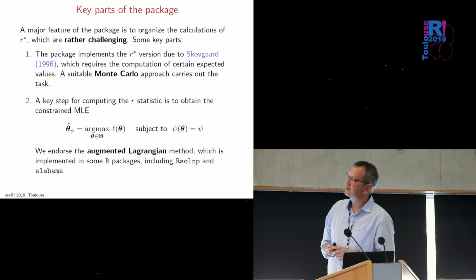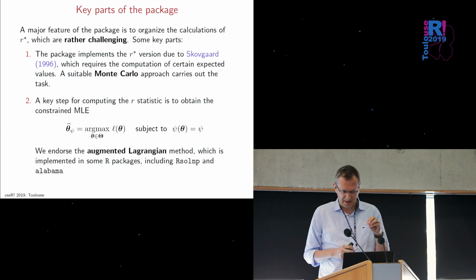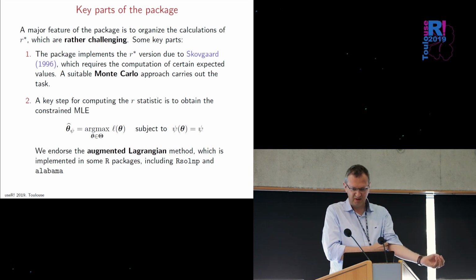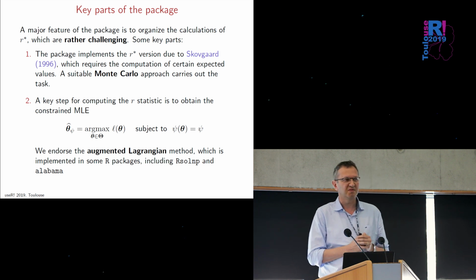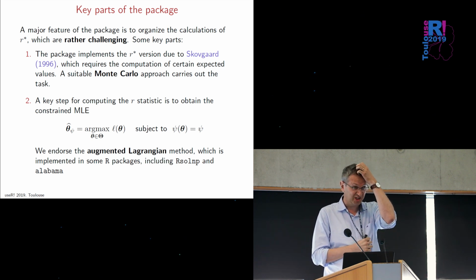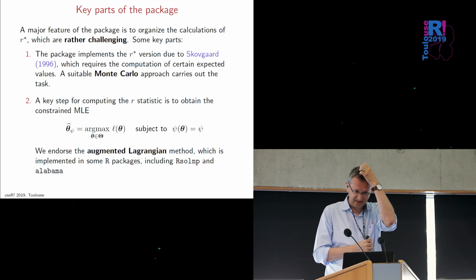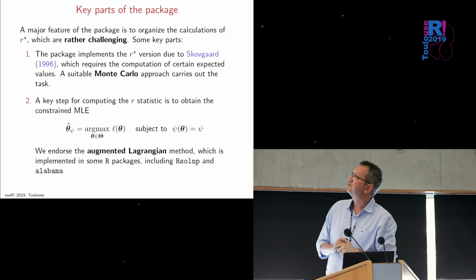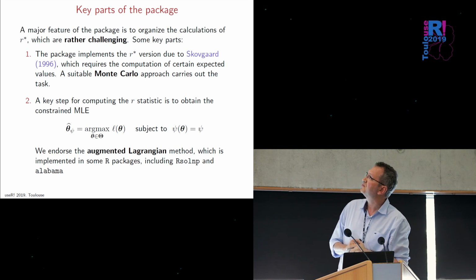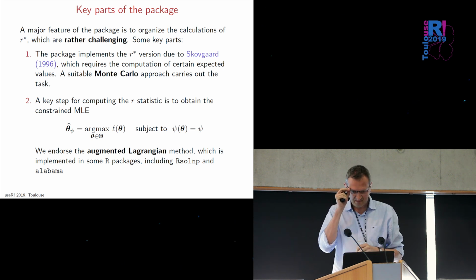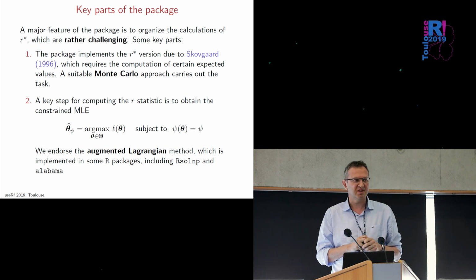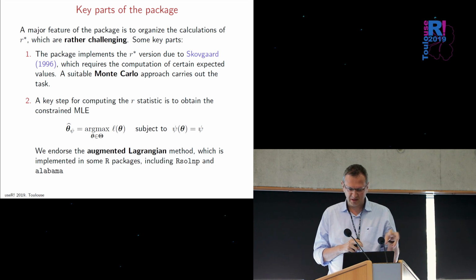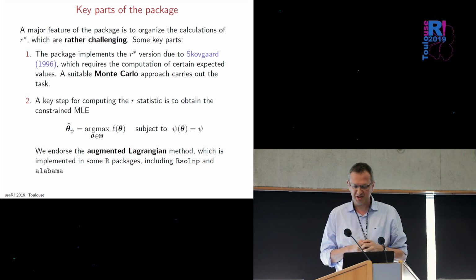The key parts of the package: a major feature, and perhaps the most important, is to implement the calculation of r star, which is rather challenging. I would say the key parts are probably these two. First of all, the package implements the r star version which is due to Skovgaard, and that requires the computation of certain expected values. The package does this by means of Monte Carlo computation.